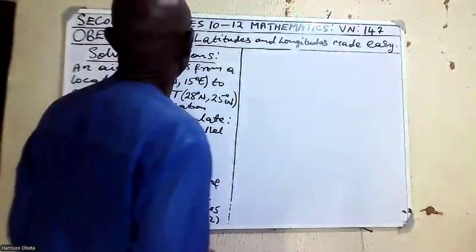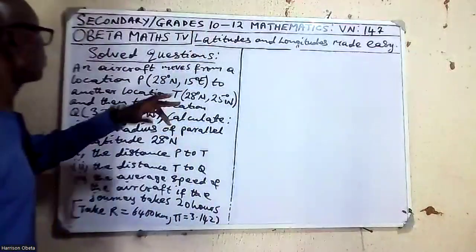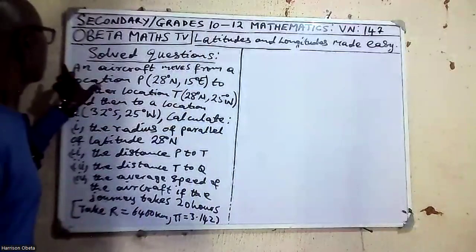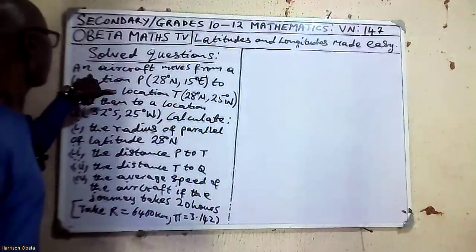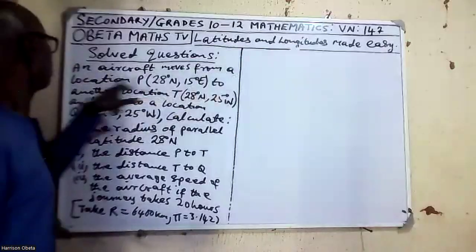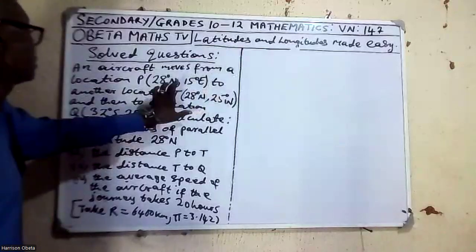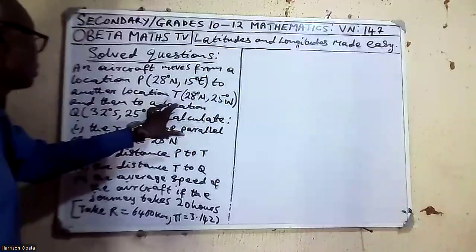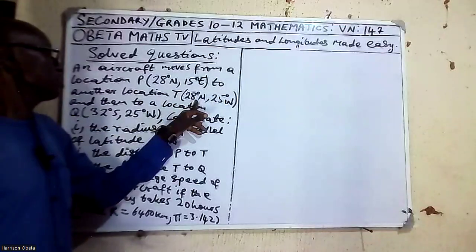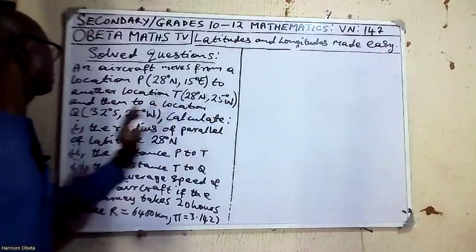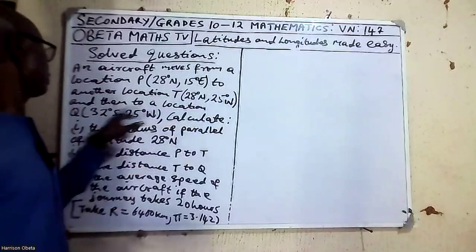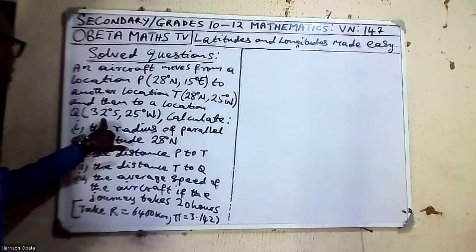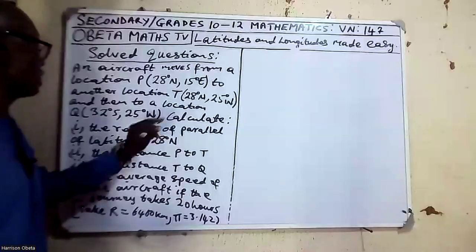Question on the board, we are to solve. An aircraft moves from a location P, 28 degrees north, 15 degrees east, to another location T, 28 degrees north, 25 degrees west, and then to a location Q, 32 degrees south, 25 degrees west.